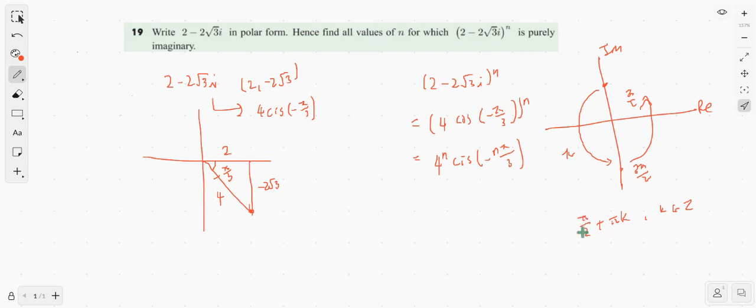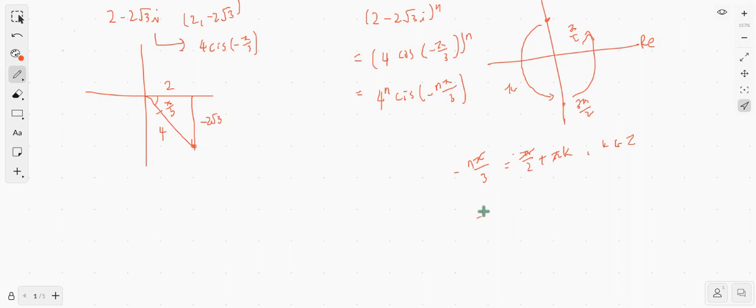So let's set pi over 2 plus pi k equal to minus n pi over 3. Since every term has pi in the numerator, we can get rid of the pi to make it simpler. Then you get minus n over 3 is equal to 1/2 plus k.